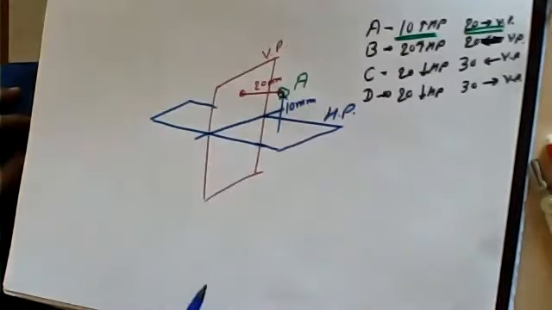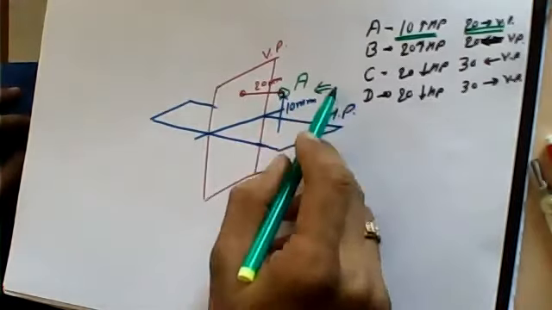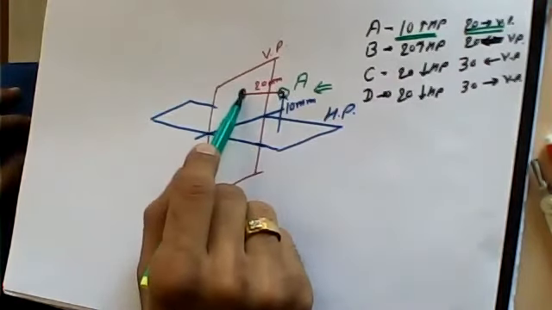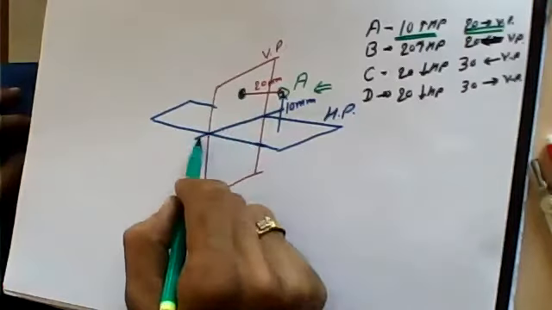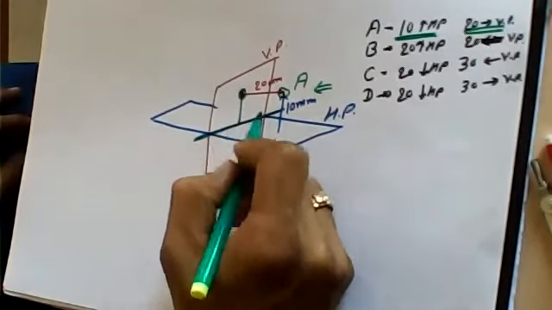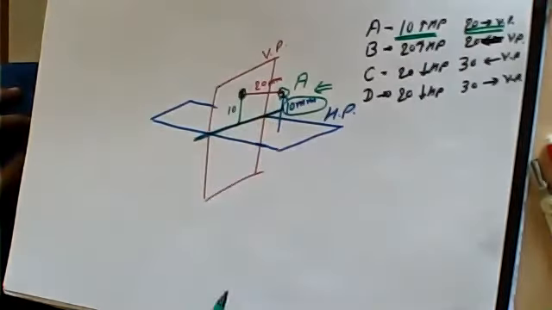Now what is going to happen if I am seeing point A and projecting it on vertical plane? मैं उस point A का projection ले रहा हूँ vertical plane पे, तो वो यहाँ पे मिलेगा मुझे projection, और वो जो intersection zone है of HP and VP वहाँ से कितना ऊपर हो सकता है? It is going to be same as the distance which had been mentioned for above HP criteria.